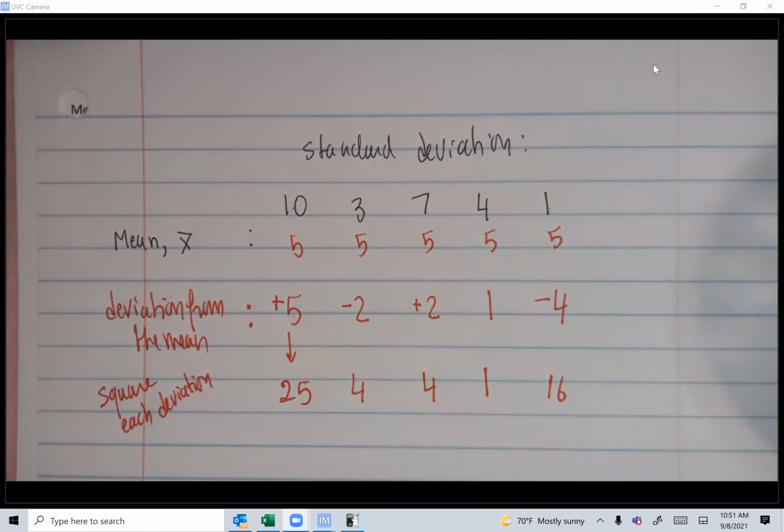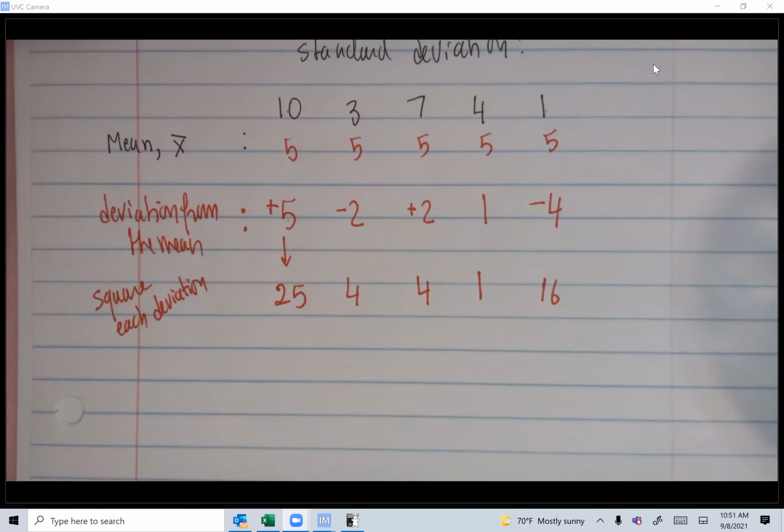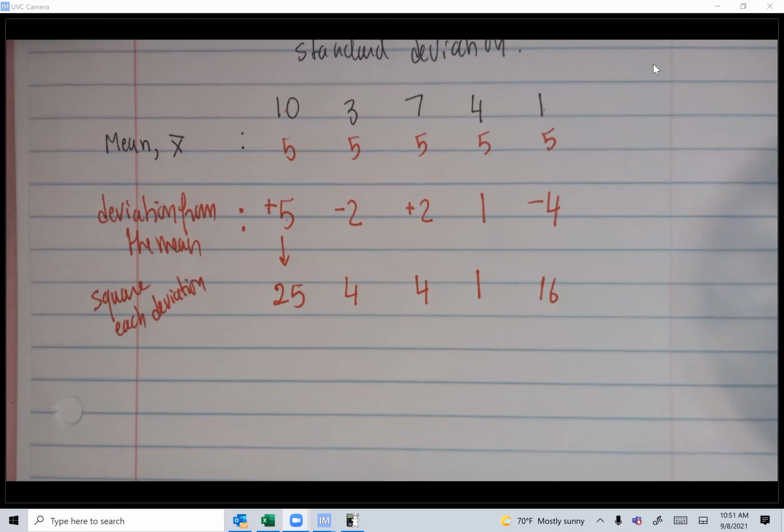Okay, we're almost done to find the standard deviation. The standard deviation will tell you if it is a large standard deviation, that means there is too much variation in the data set. If the standard deviation is small, there is very little variation in the data set. That means the values are always gathering around the mean if it is a small standard deviation.